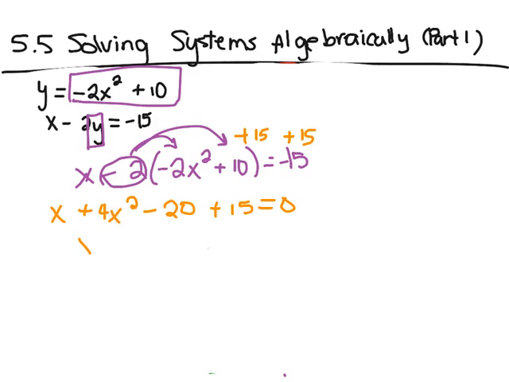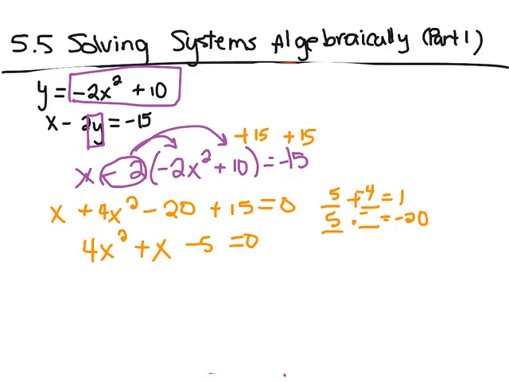So we're left with 4x squared plus x minus 5 equals 0. Find our two numbers that add up to 1 and multiply out to get negative 20, and they are 5 and negative 4.